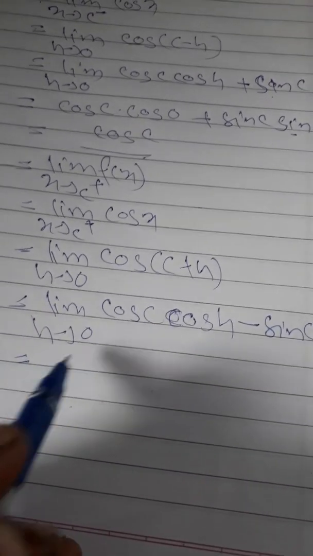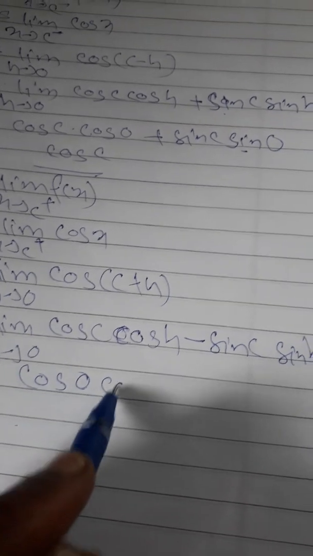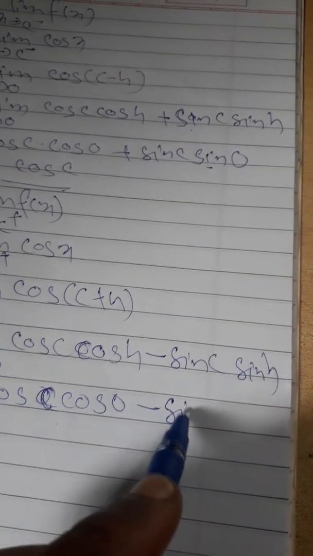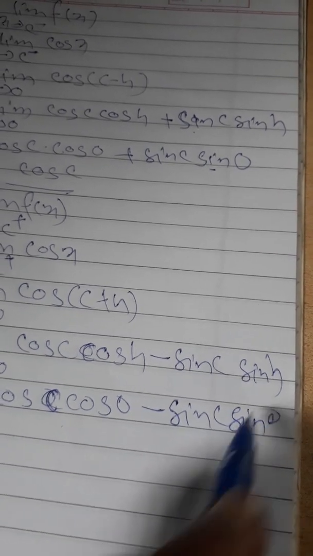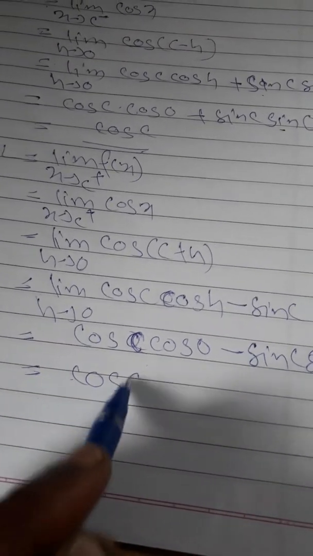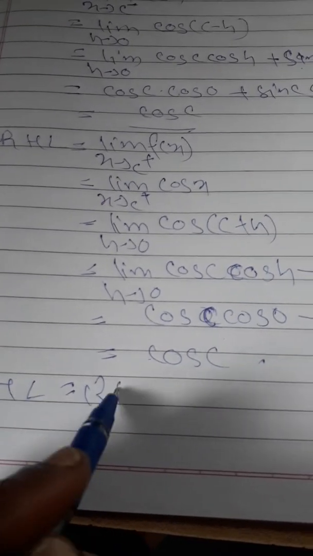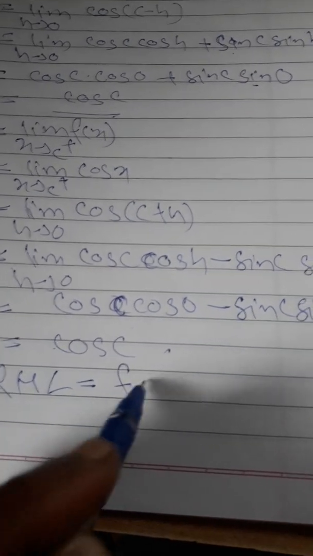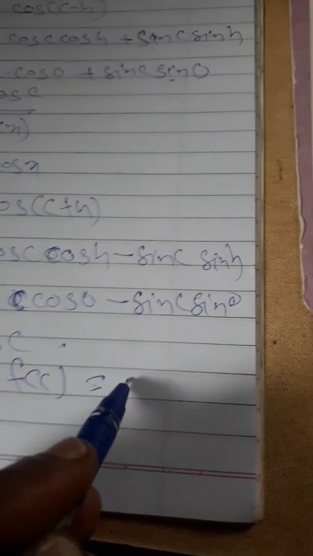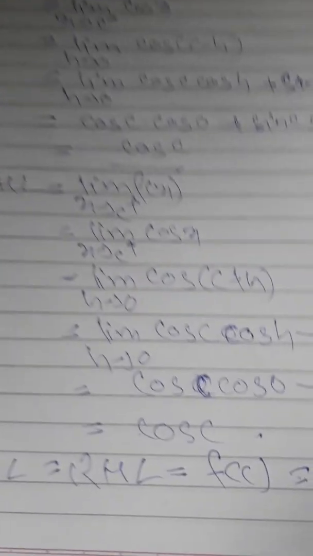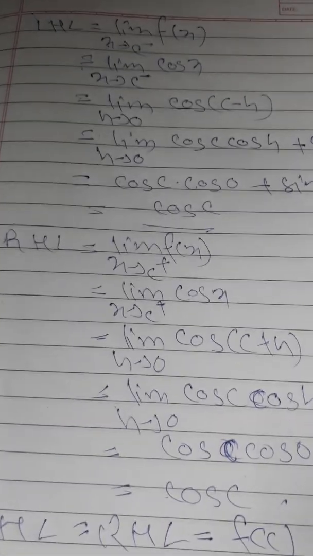So here it is cos c cos 0 minus sin c sin 0, which equals cos c. So here also, since LHL equals RHL equals f of c equals cos c, the function happens to be a continuous function.